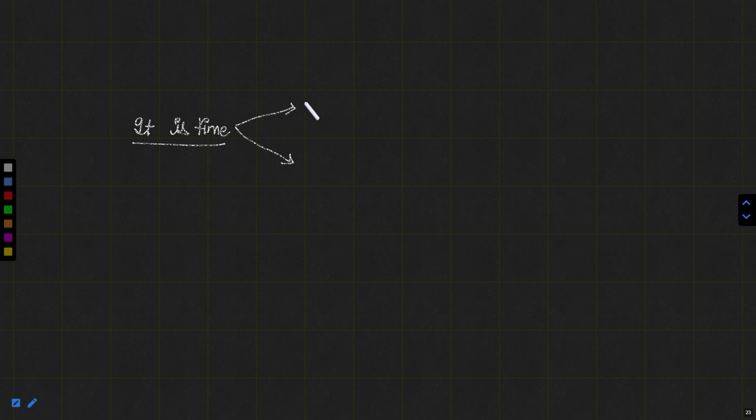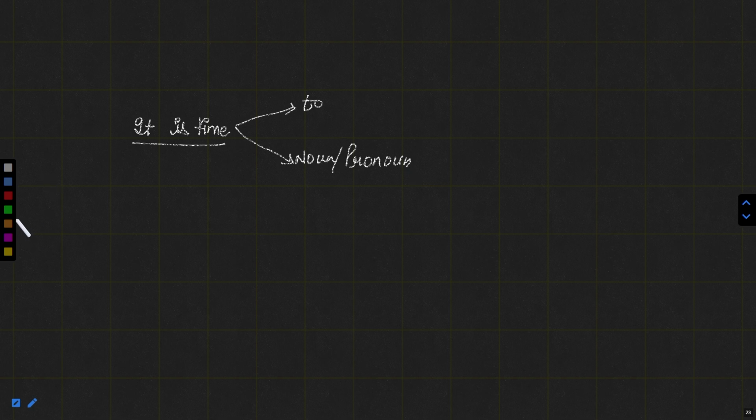Now we can have two situations. Either it can be followed by the preposition to or by the subject or the object, that means either a noun or a pronoun. Suppose there is a time expression, that is it is time or it is high time or it is about time. So these can be the expressions, and just after that we can either have the preposition to or the another part that is either a noun or a pronoun. So these two situations are there.